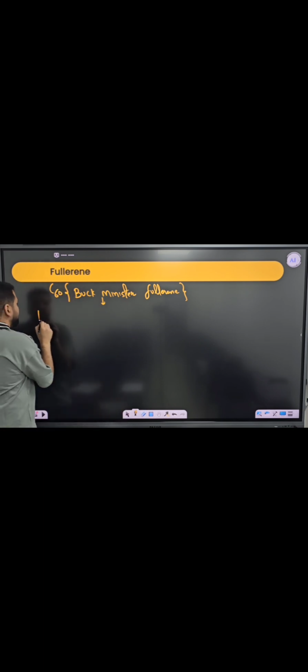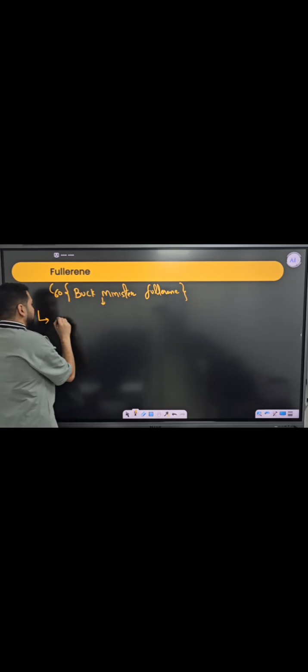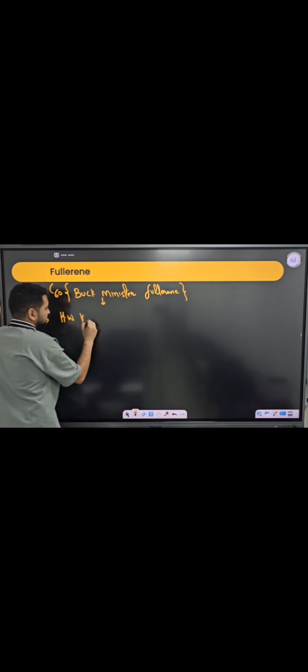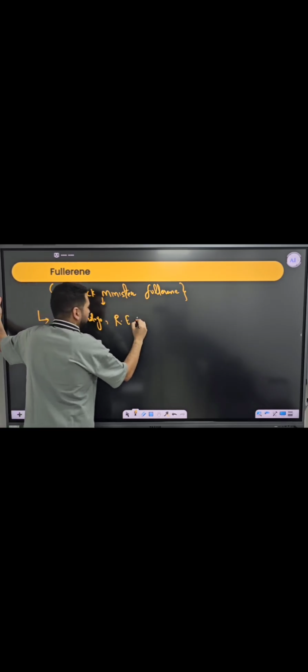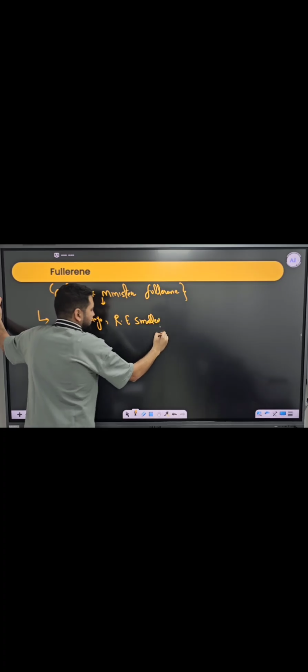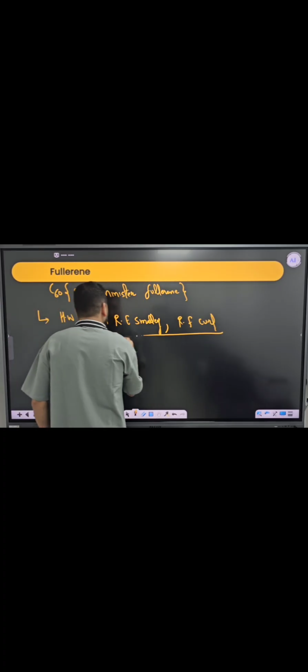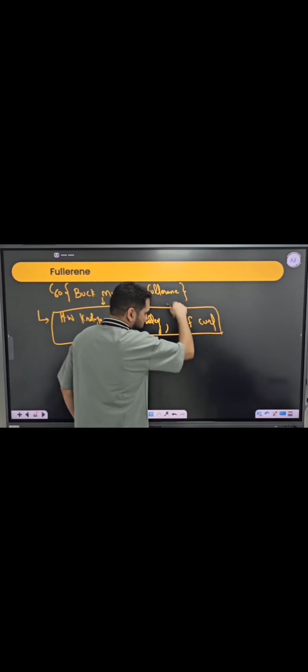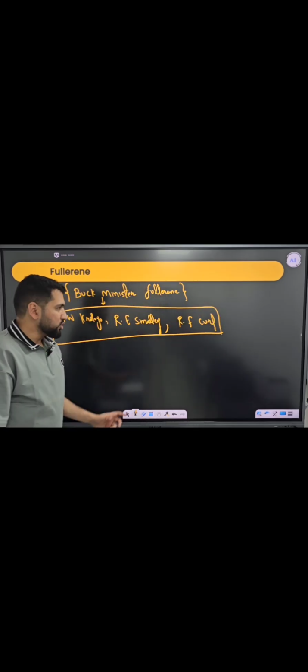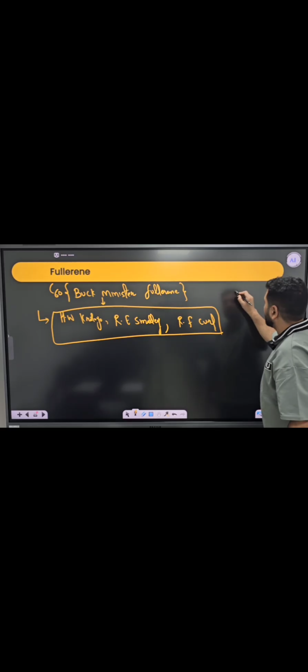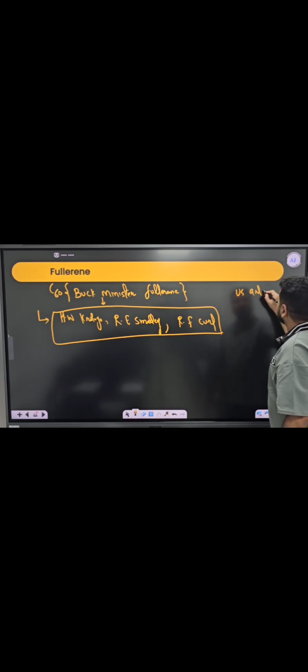Basically, the concept of this fullerene was actually given by three scientists. One is H.W. Kroto. Second one is R.E. Smalley. Next one is R.F. Curl. They have designed this concept basically, right? Most of the students, when we ask them who designed this concept, they say Buckminster Fuller. But basically, Buckminster Fuller was one US architect.